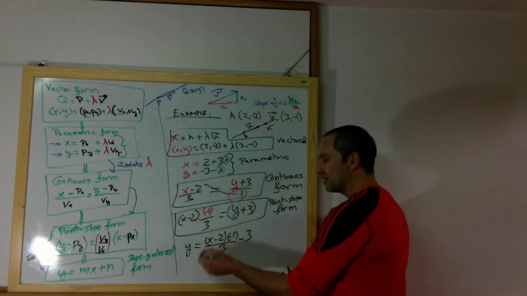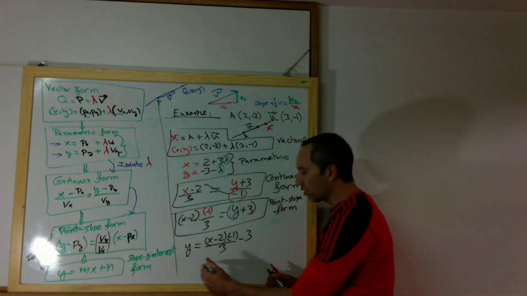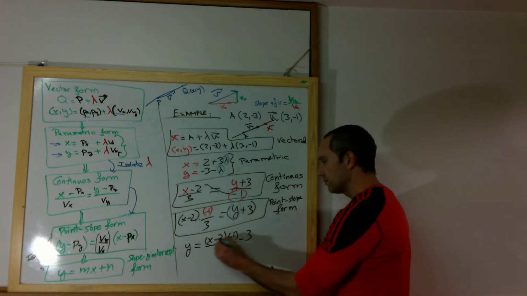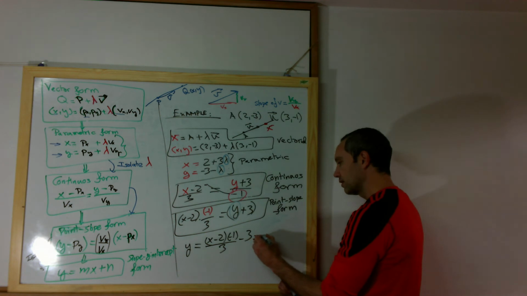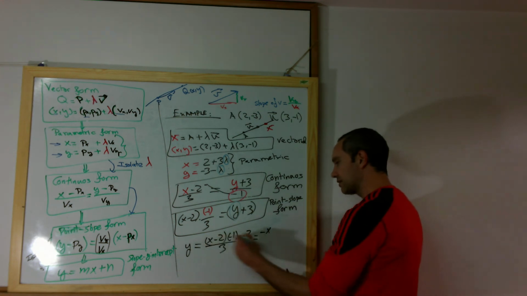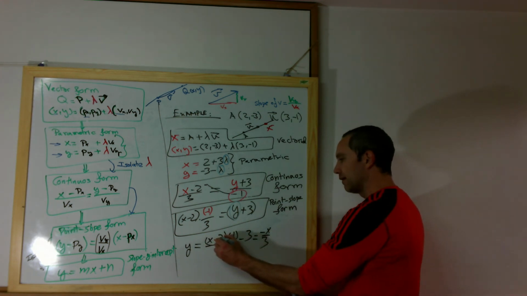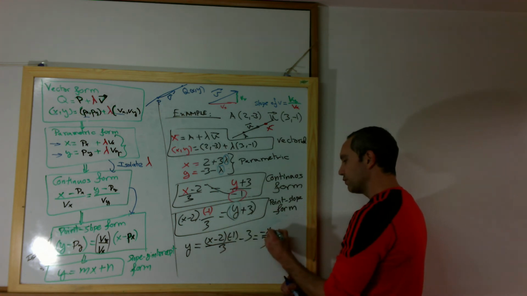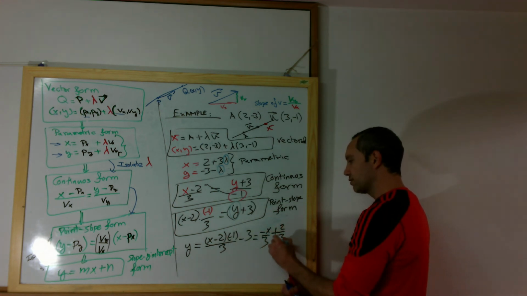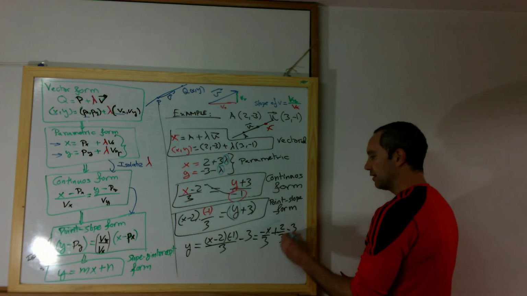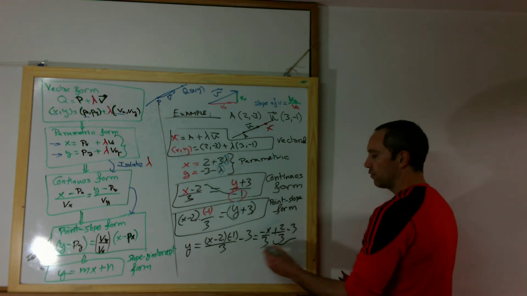So let's work a little bit this expression. This is negative x divided by 3. Negative times negative is positive, positive 2/3. And this is minus 3. Can we simplify this? Of course we can.